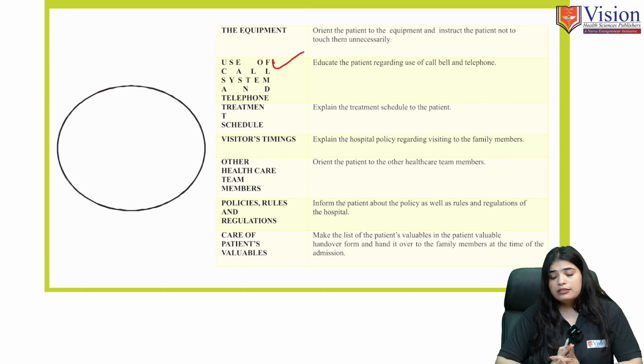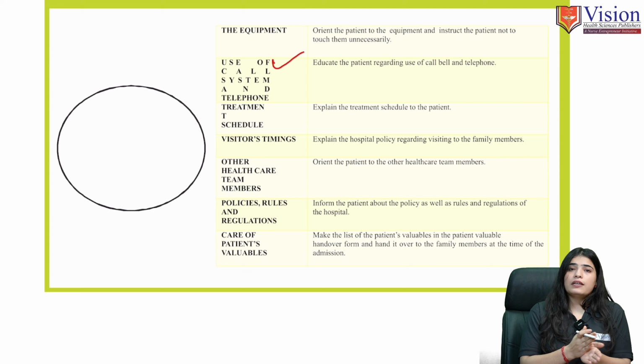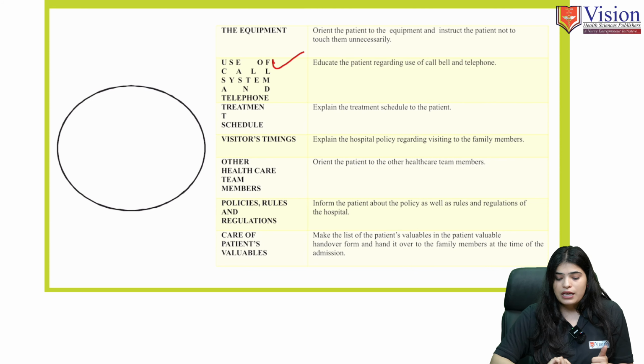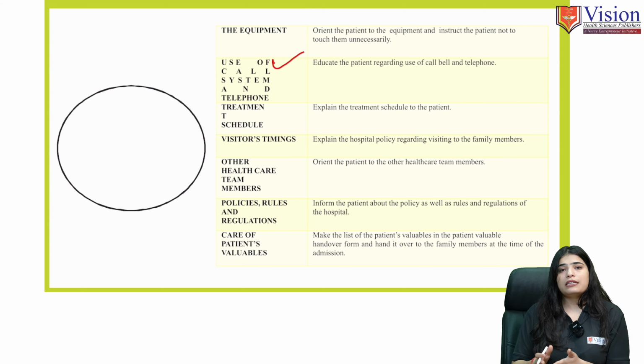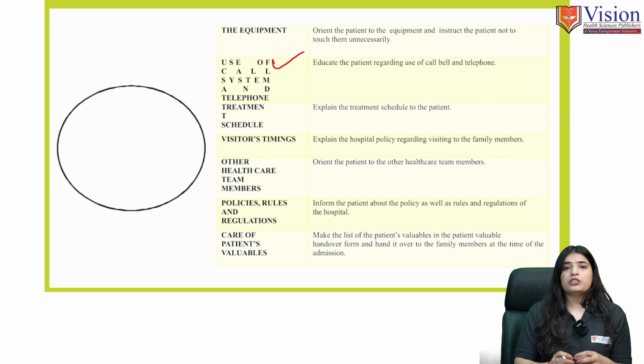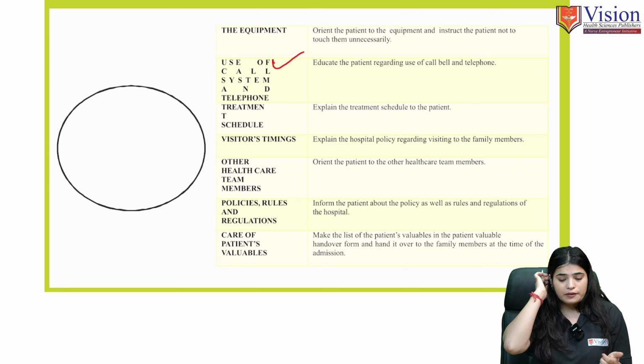And other healthcare team members: we have to orient the patient and the family members to the other healthcare team members for the smooth flow of treatment. And the policies, rules and regulations. Students, every hospital has policies, rules and regulations. We have to orient the patient with those, so that we can avoid any kind of misinformation or misunderstanding.